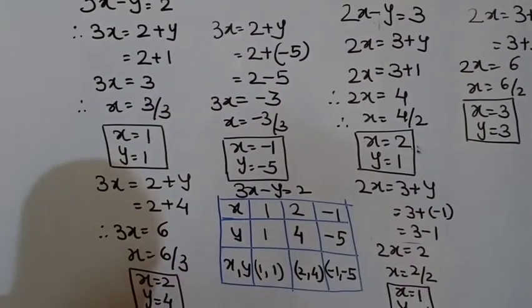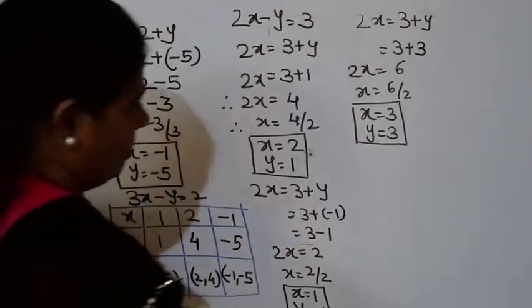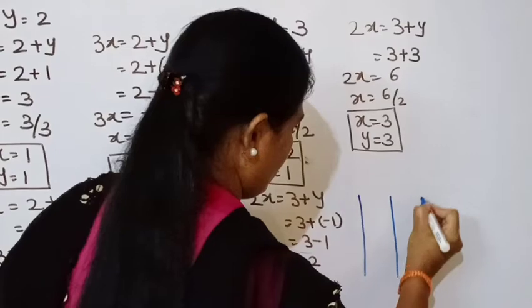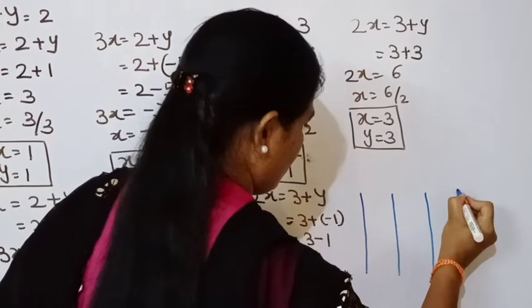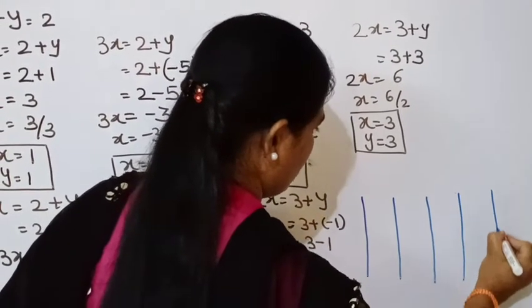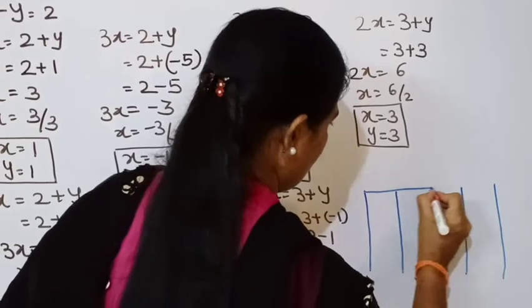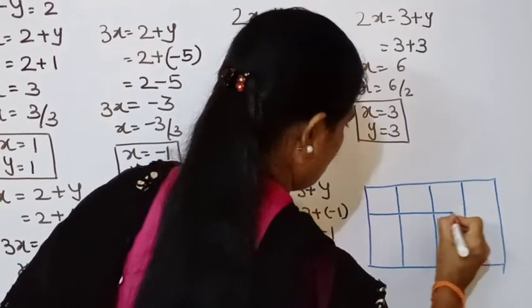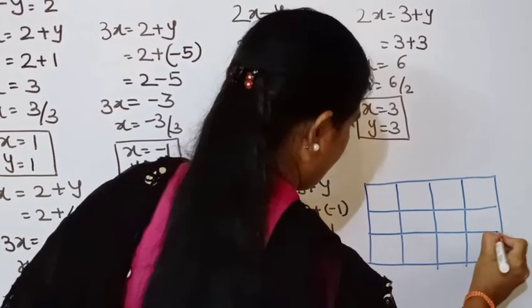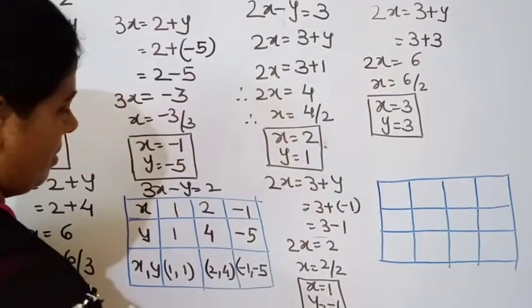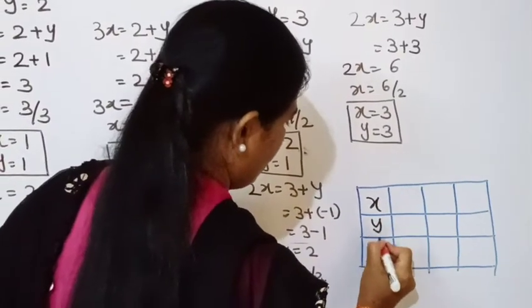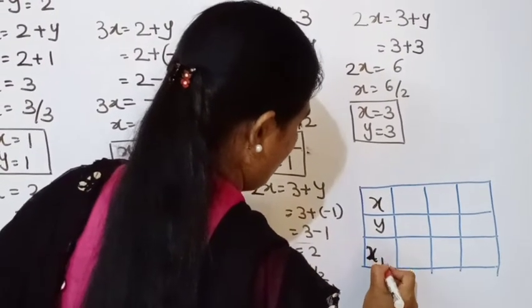Now what we have to do? We have to draw the table again. Make the columns. Draw the table in your notebook with the help of a scale and pencil and substitute the values of x and y. See now, x, comma, y.